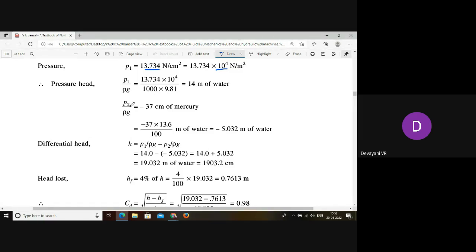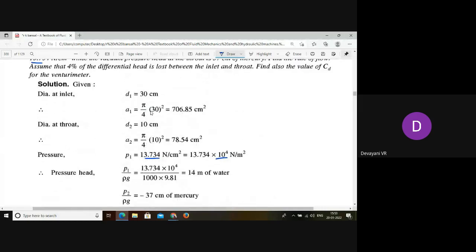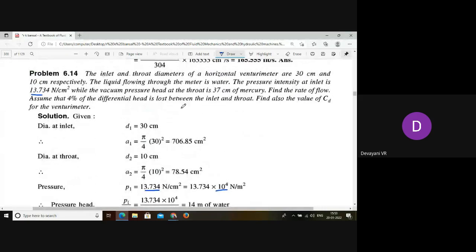You should know the difference, right? And then they have given vacuum pressure. So vacuum pressure at the throat or at section 2, that is P2 by rho g, the value is given as 37 centimeters of mercury. So in the problem, they have given vacuum pressure. As you know, we have different types of pressures. You know that already, isn't it?